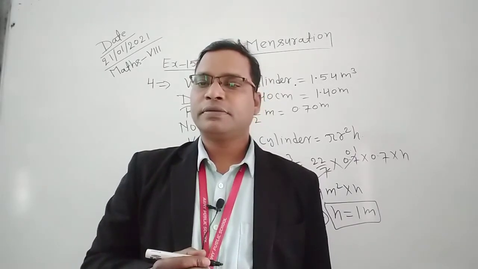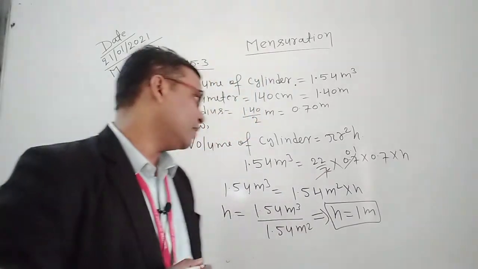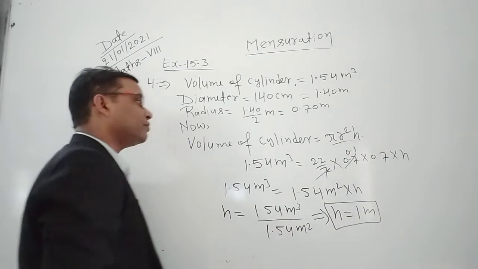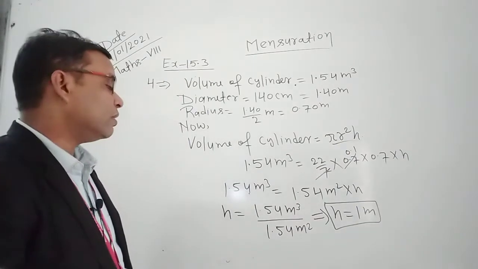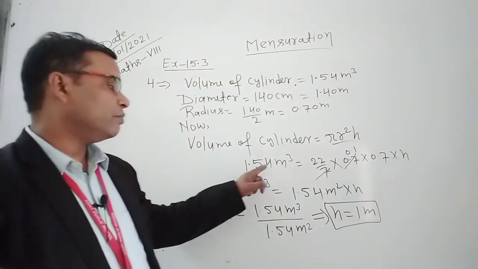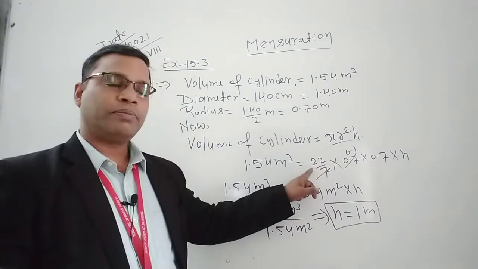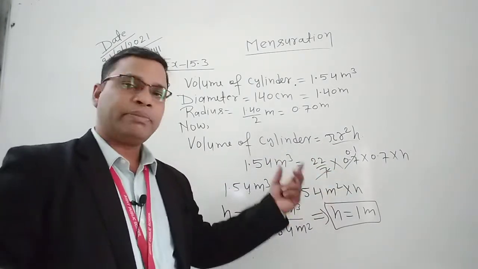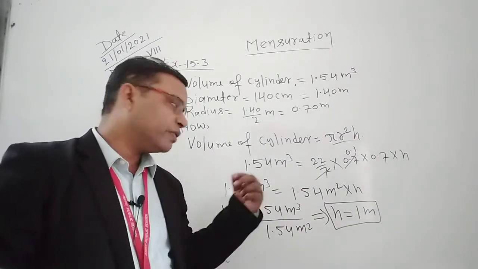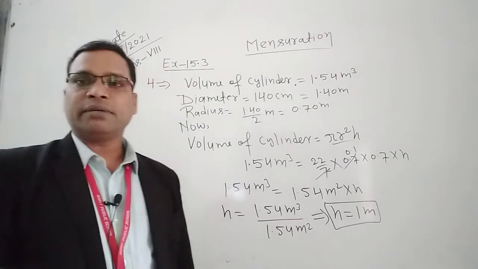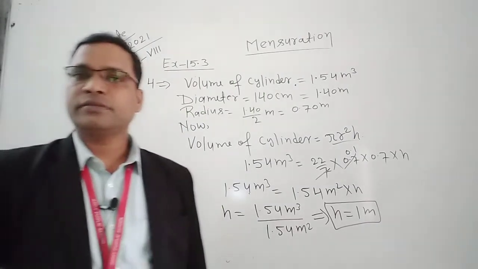And after this, we use this formula to find the volume of cylinder. And the volume of cylinder is given 1.54 meter cube. We put the value of pi and r and simplify them. And after this, we get the value of h. H is the height of cylinder. This is clear.